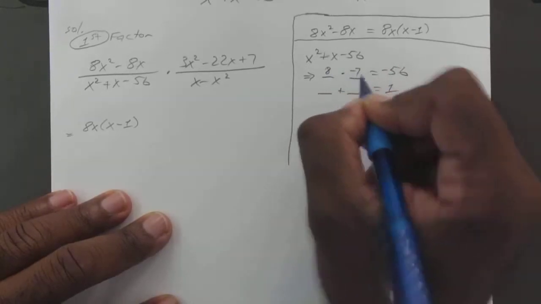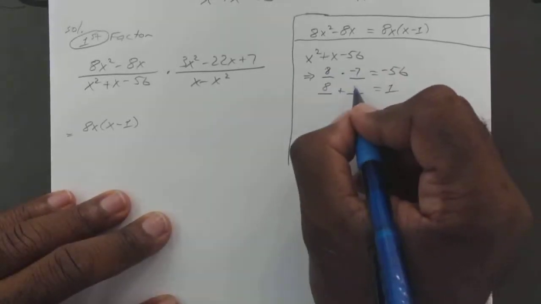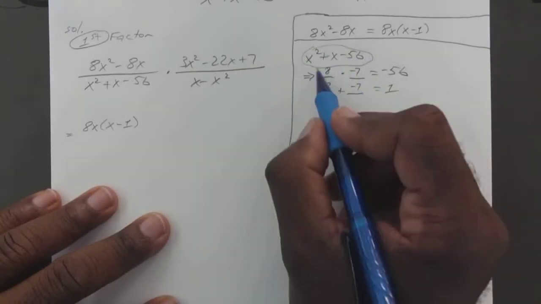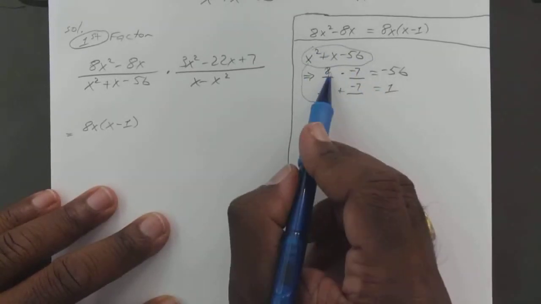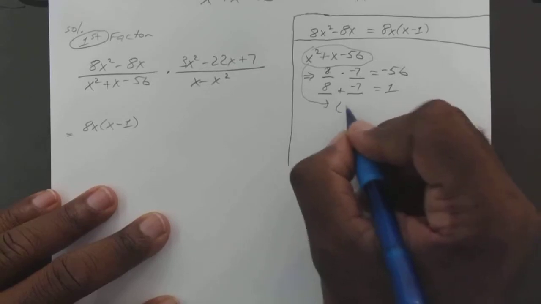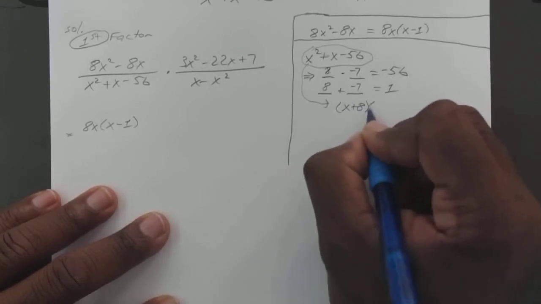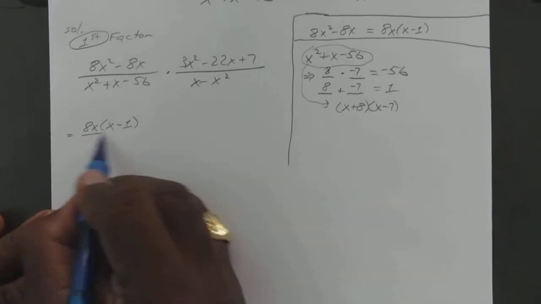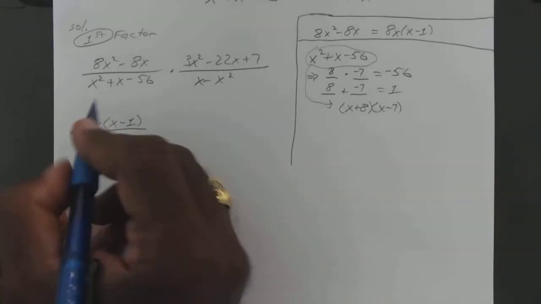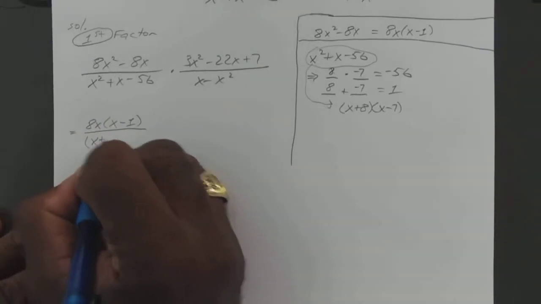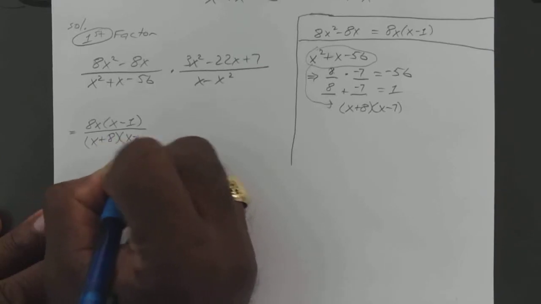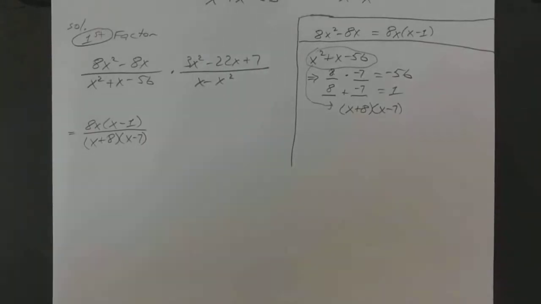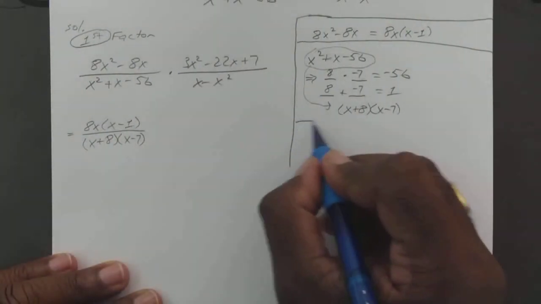Any ideas? 8 and negative 7. Yep, 8 and negative 7. 8 times negative 7 is negative 56, and 8 plus negative 7 is 1. So that means this just becomes x plus 8, x minus 7. Okay, so you just go ahead and replace that with x plus 8 times x minus 7.